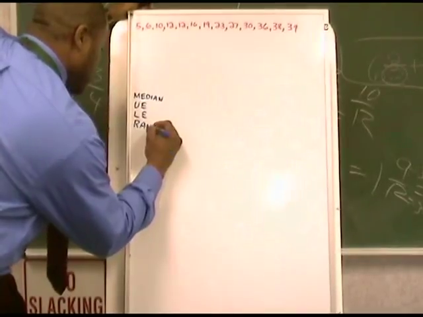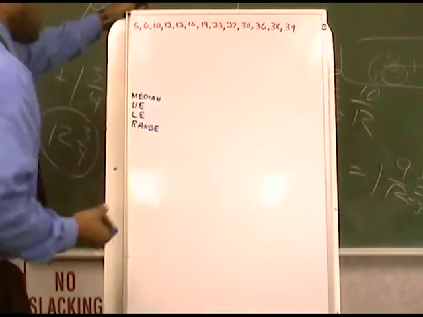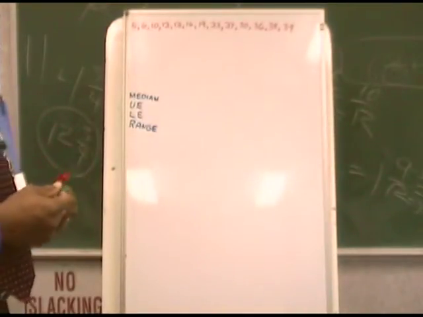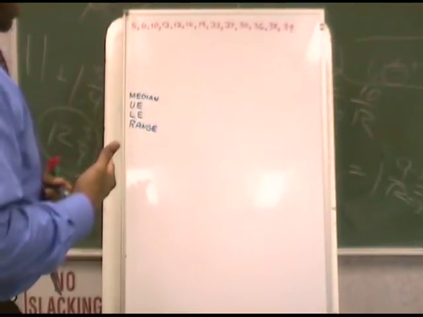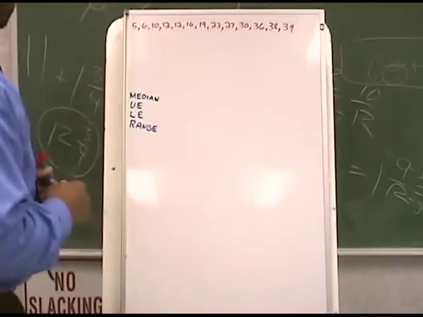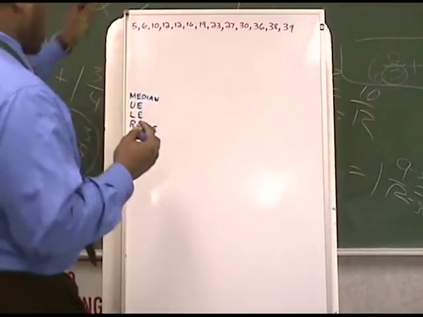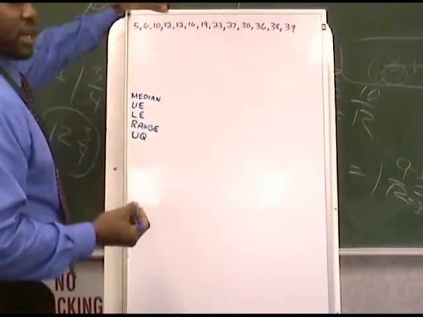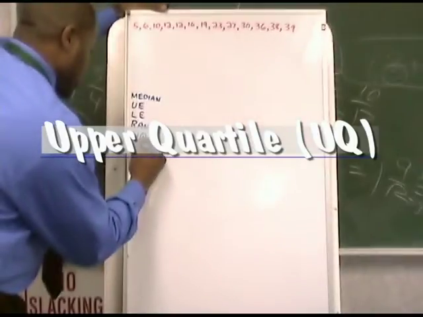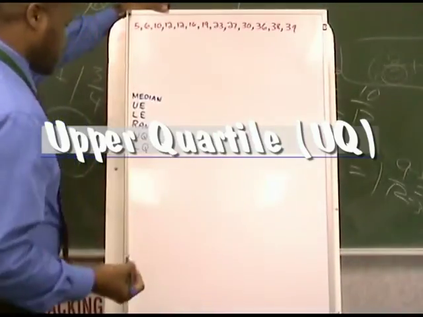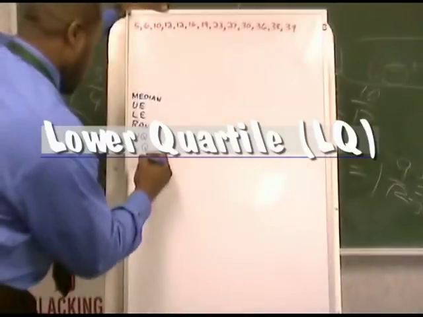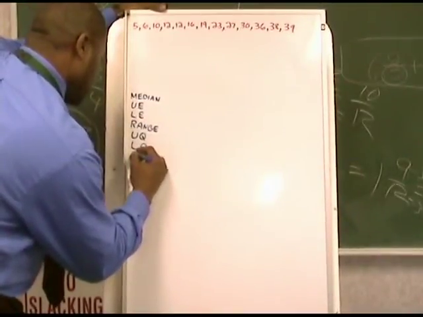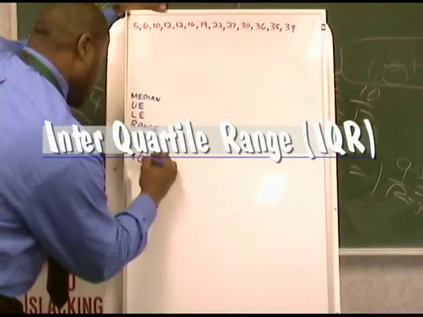If you remember what the range is, then you're going to understand upper extreme and lower extreme. After the range, we're going to get the upper quartile, which we abbreviate UQ, the lower quartile, and the interquartile range, which I'm going to abbreviate as IQR.